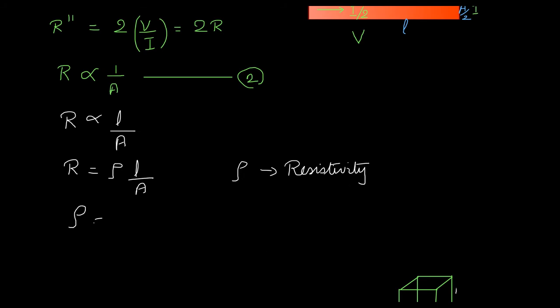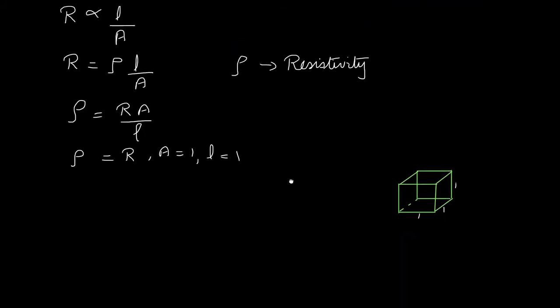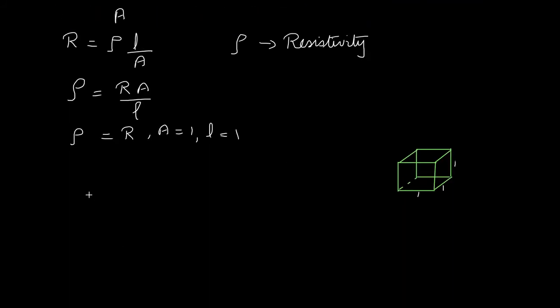Resistivity rho equal to RA by L. How to define resistivity? Resistivity is R when A is unity and L is unity. Or resistivity is defined as the resistance of the conductor having unit area of cross section and unit length.